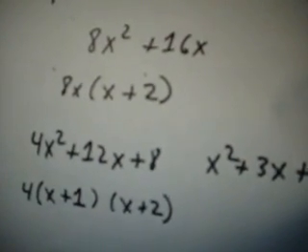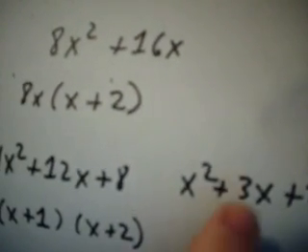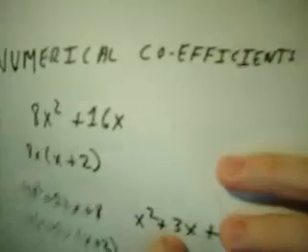But ironically, 1 plus 2 also equals 3. So what you're going to do is take numerical coefficient A and numerical coefficient C, and multiply them together. And whatever factors you get from that, you can add those 2 factors together and get numerical coefficient B.